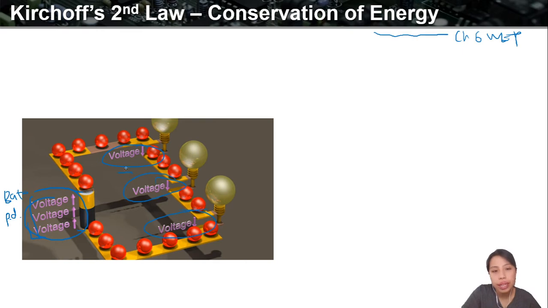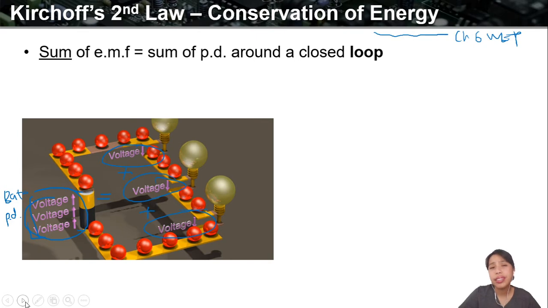All these add up together equals to the total that your battery has. And that is literally what Kirchoff said. He observed this and he said, the sum of EMF equals sum of PD around a closed loop. Here they use the word EMF because usually they consider internal resistance as another resistor.